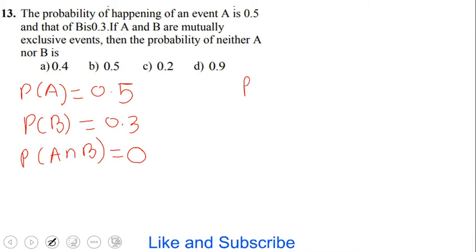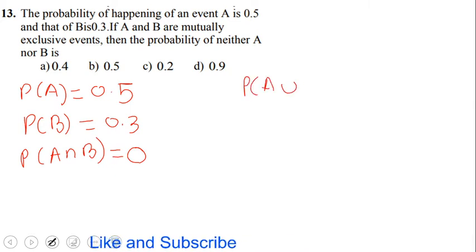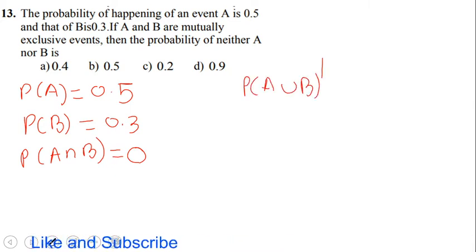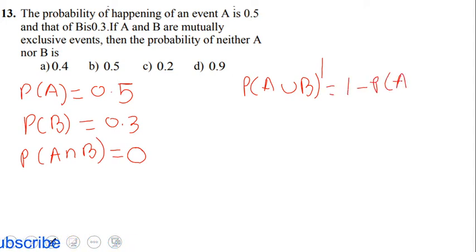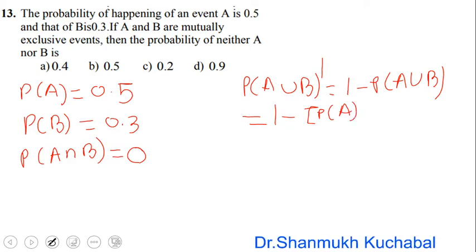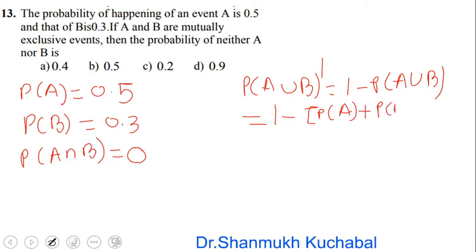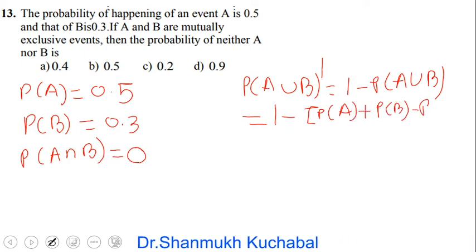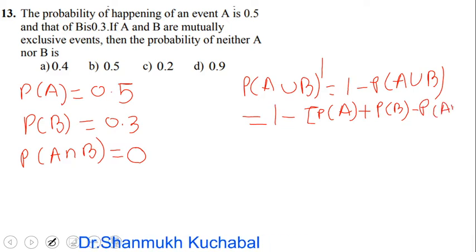So probability of A union B complement is 1 minus probability of A union B here. So further 1 minus, as it is, probability of A union B is probability of A plus P of B minus P of A intersection B here.